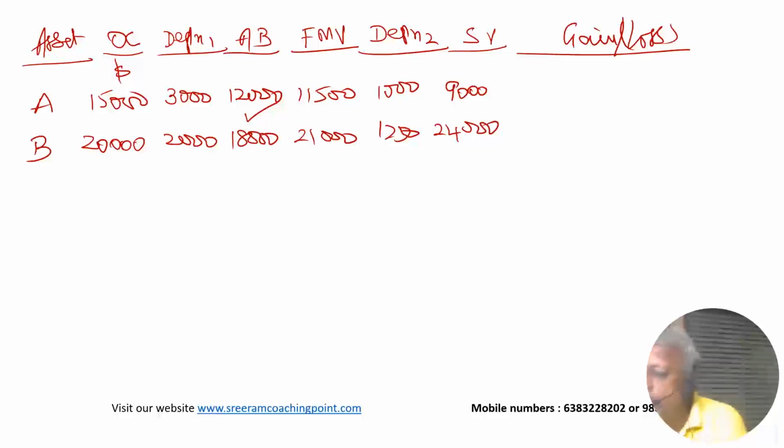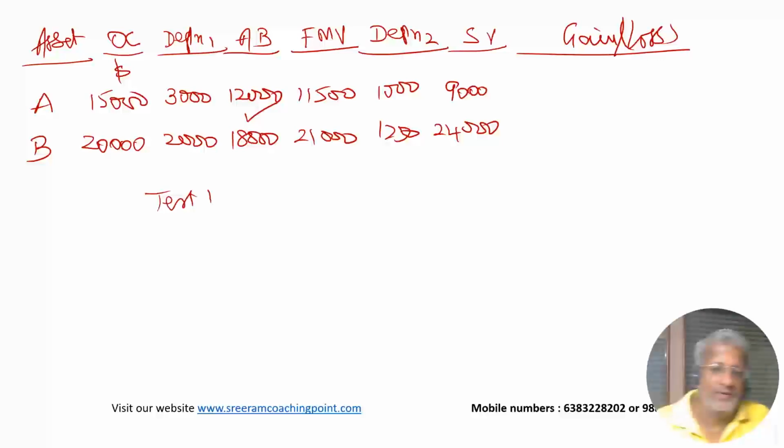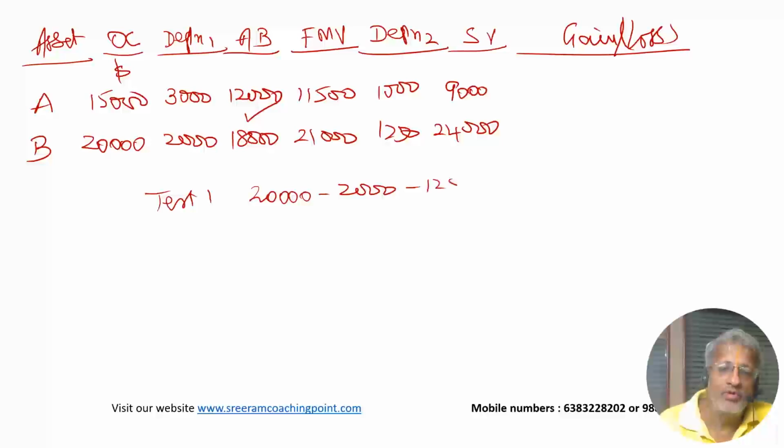If this is the case, how do we arrive at the basis and the gain? Let us take this into two areas. Test number one: initially we arrive at the test. 20,000 minus 2,000 minus 1,250, that is 3,250, so we get 16,750 versus 24,000, and this results in a gain.